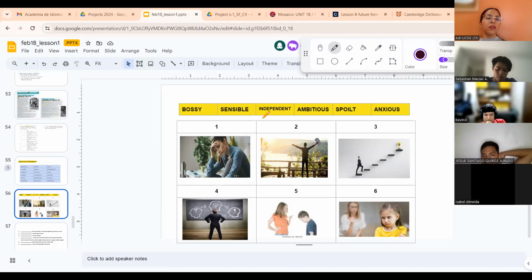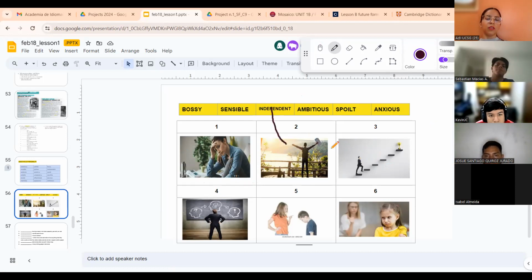Maybe next time. Okay, so this is Sebastian. According to the pictures that you have here, give me one answer. Number 2 is independent. Independent, right.